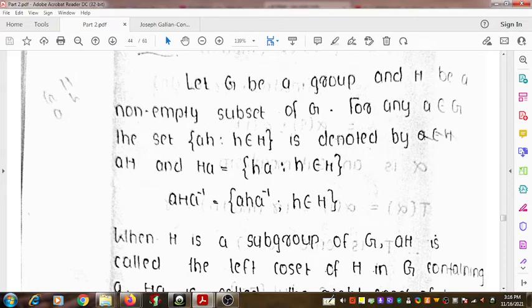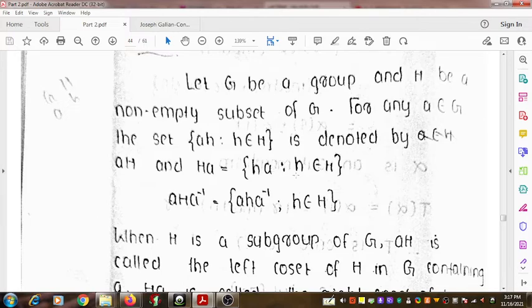That set is denoted by aH, because we are considering all elements h in H in the multiplication. In a similar way we can define Ha, the set of all ha, where every element of H is multiplied by a on the right.